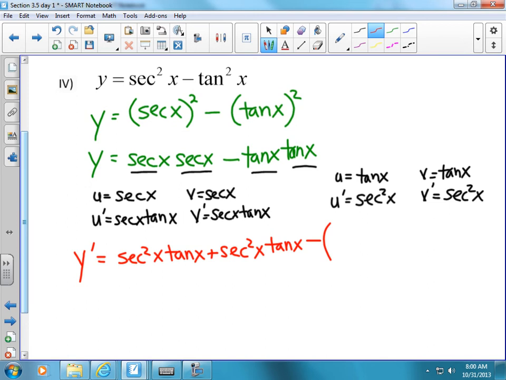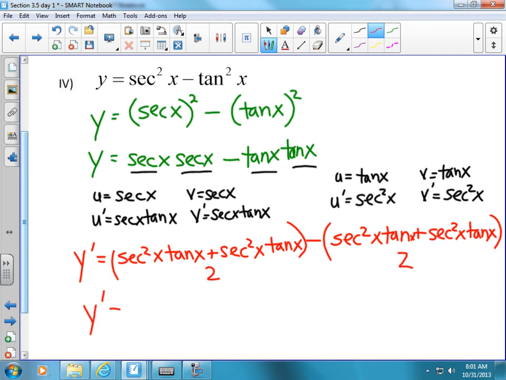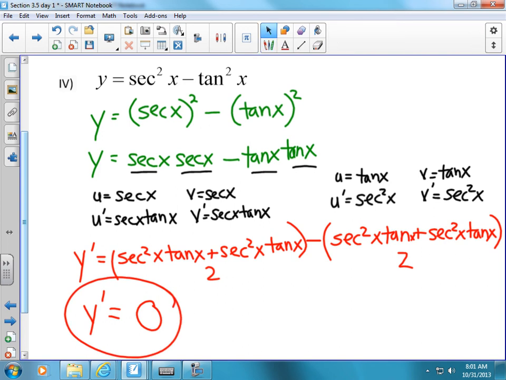So we're going to write secant squared tangent plus secant squared tangent. Getting writing fast, I forget a few x's. All right, if you have 2 secant squared tangents minus 2 of those, you end up with the derivative is 0. That's the most fun problem ever.